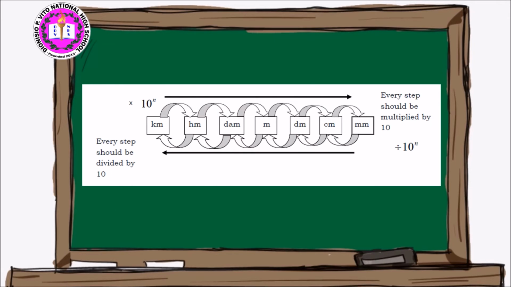Let's have this illustration. If we are going to convert a bigger unit to a smaller unit, we multiply by powers of 10. And if we are going to convert a smaller unit to a bigger unit, we divide the given by the corresponding powers of 10.